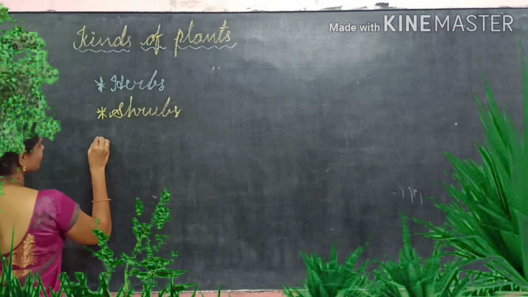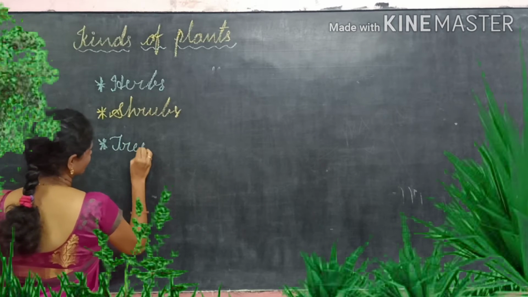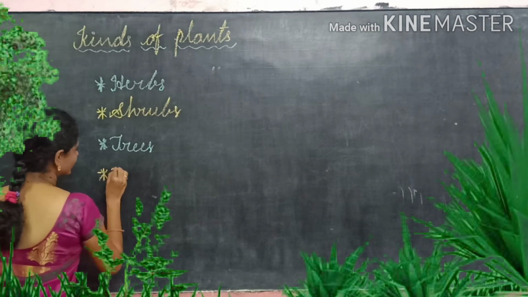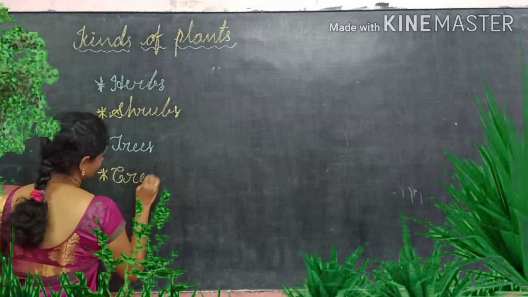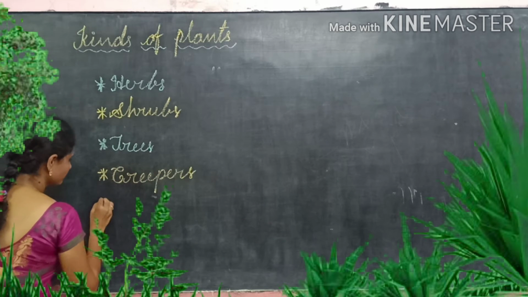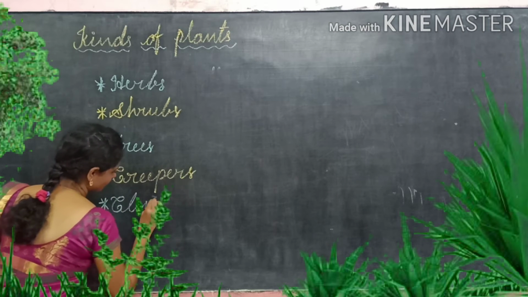Third one, trees. Fourth one, creepers. Fifth one, climbers.